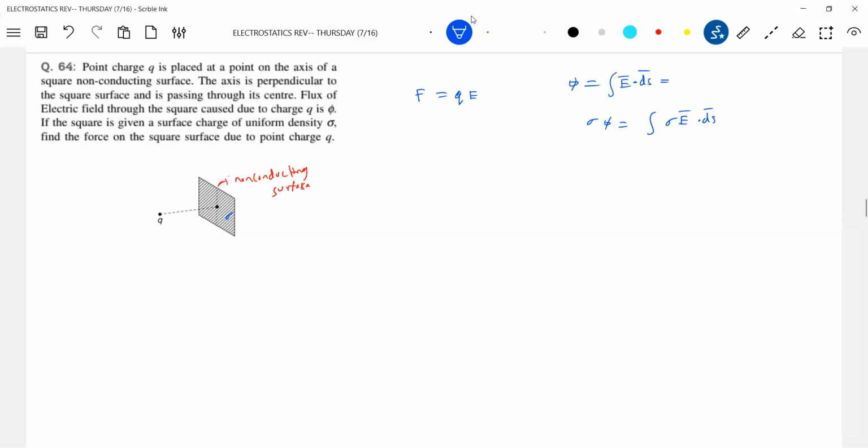This is dimension analysis, not mathematics. Sigma into ds, what do you get? Charge. Charge into electric field will be the force. So therefore, F should be equal to sigma flux.